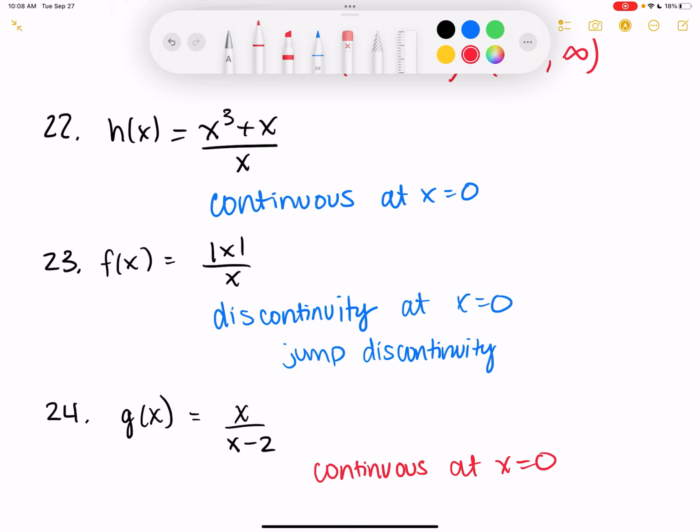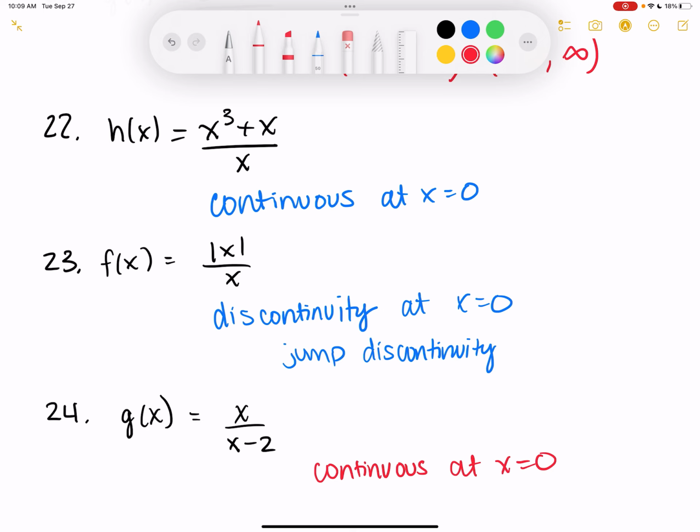You have to put parentheses around everything. I did put parentheses the first time and it didn't work.